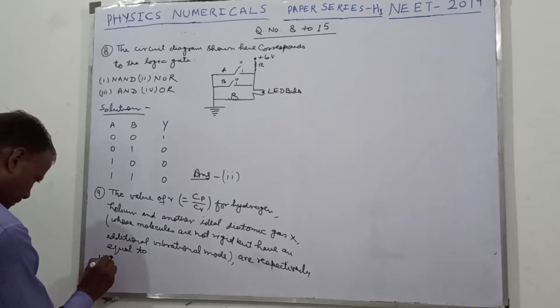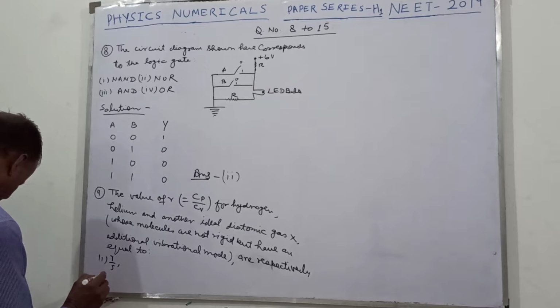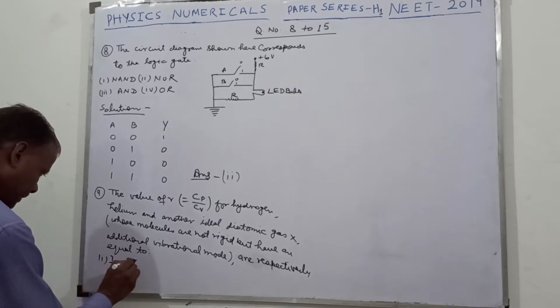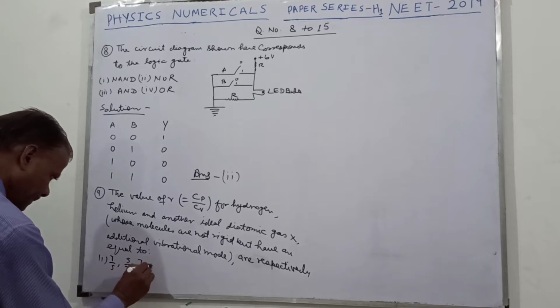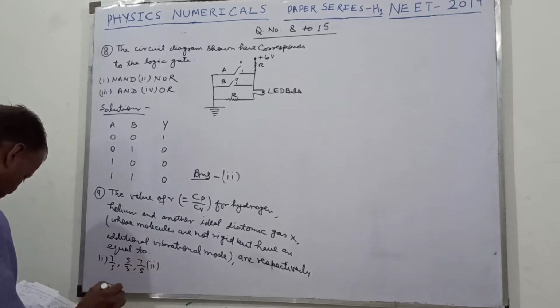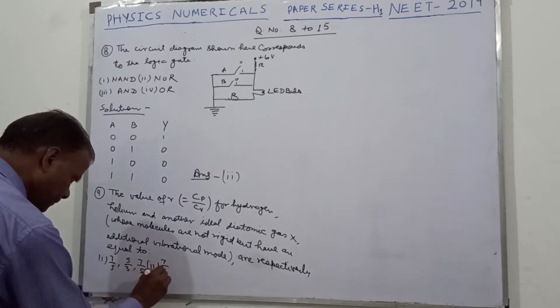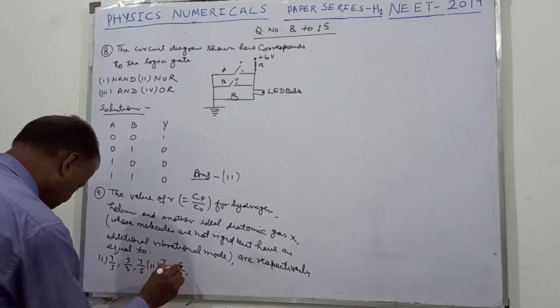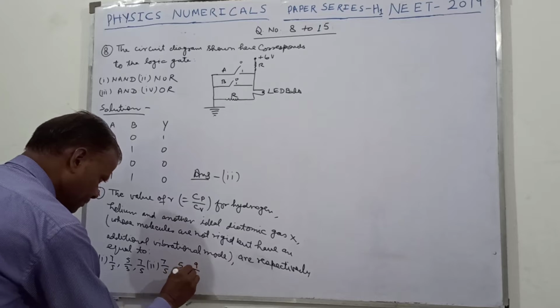first is 7 by 5, 5 by 3, and 7 by 5. Second option, 7 by 5, 5 by 3, 9 by 7.